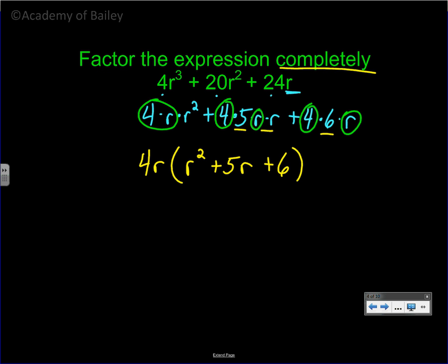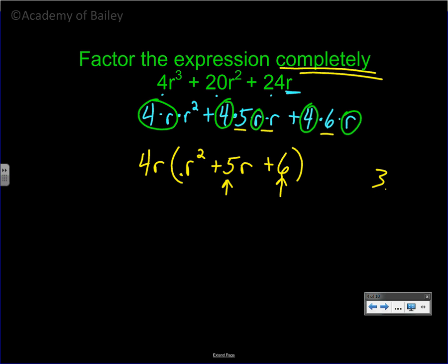Now remember the word completely, factor it completely. Since a here is a 1, since I'm looking at this as a quadratic, ax squared plus bx plus c, since the term in front of the squared variable is 1, can you give me two numbers that multiply to get 6 and add to get 5?